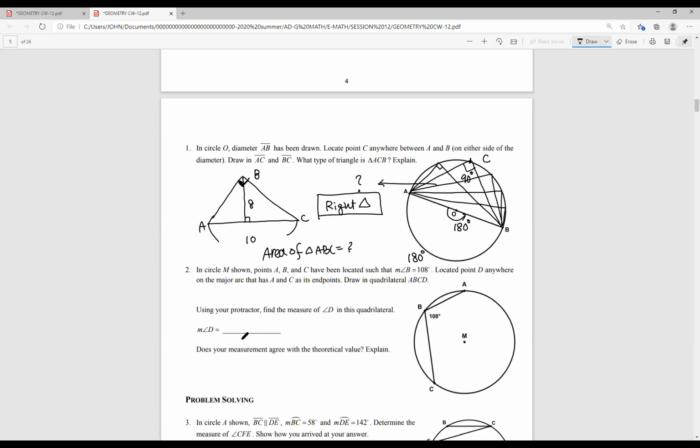How much? The first one, I'm going to give you choices. Choice 1, 80. Choice 2, 40. Choice 3, 20. Choice 4, undefined. Okay. Anybody know this area? Okay, give me the answer.